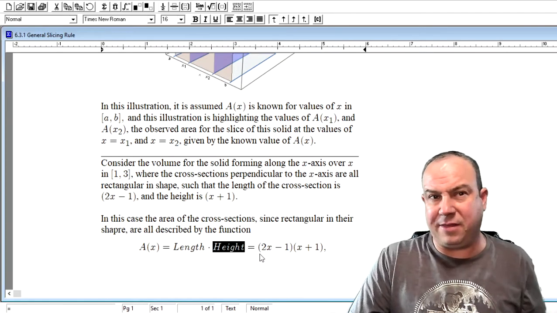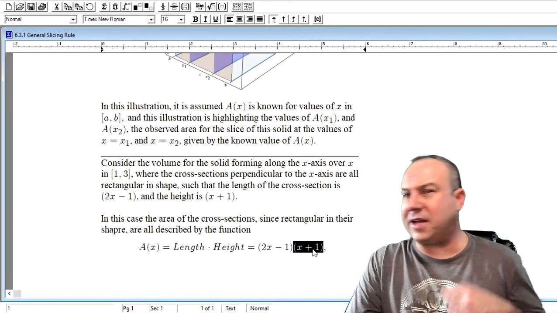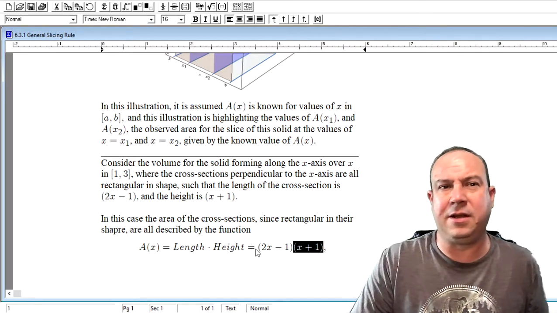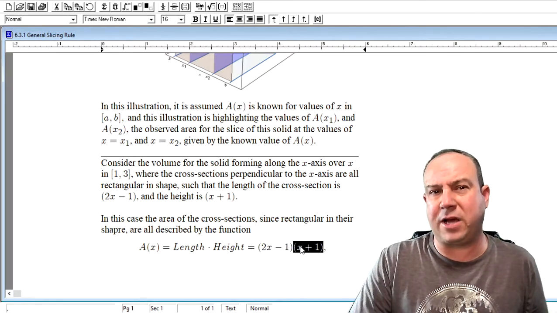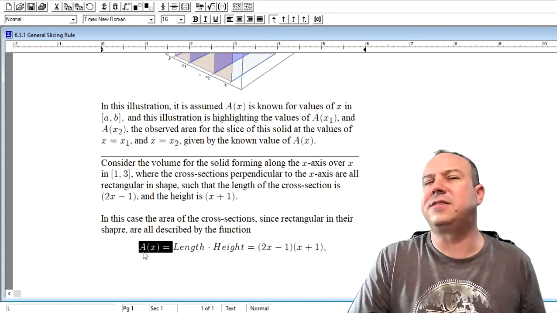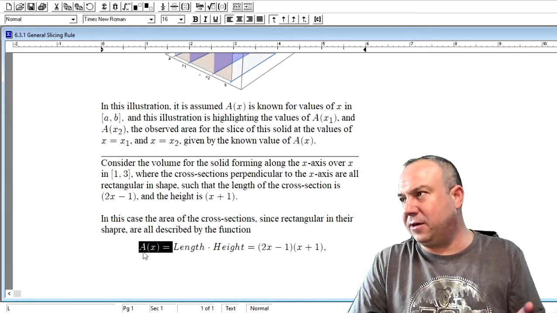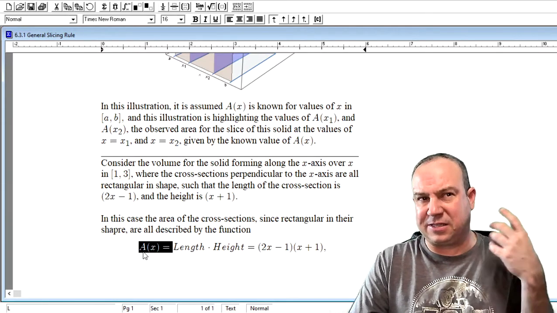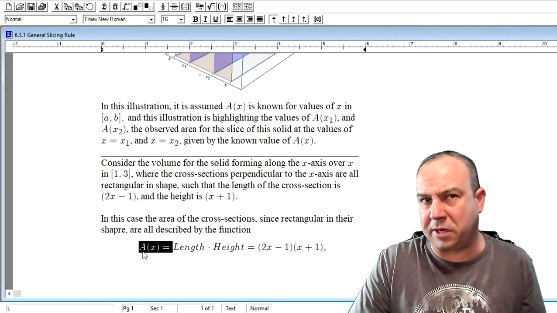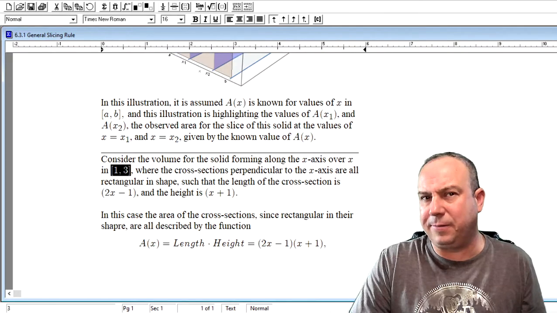Depending upon the value of x, length is 2x minus 1, and height is x plus 1. So length times height would be 2x minus 1 times x plus 1. And that would be the function of x that describes the area of all the cross sections perpendicular to this x-axis, the axis over which the solid is forming, on this interval from 1 to 3.